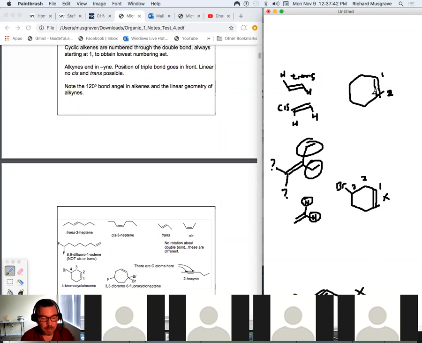But then it could be 2, 1, I suppose, like this. But then whether it's 1, 2 or 2, 1 is going to depend entirely on what's going to result in the smallest numbering for the rest of the groups that are attached to the ring. And that's what we're achieving here. Does anybody have any questions about the naming of alkenes or alkynes at this point?